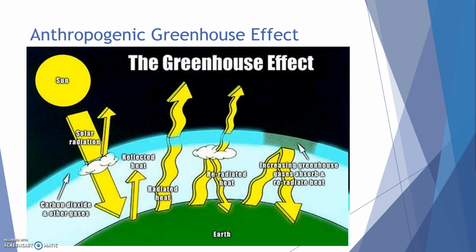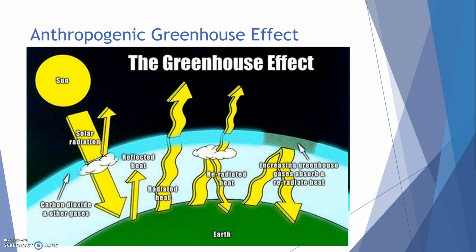So this diagram is kind of showing you where the human involvement has come into place. If you look at kind of the left 3/4 of the graph, that's just your natural greenhouse effect. And if you look at the right kind of quarter of the graph, we're showing you what the increased greenhouse effect is causing our planet to do.